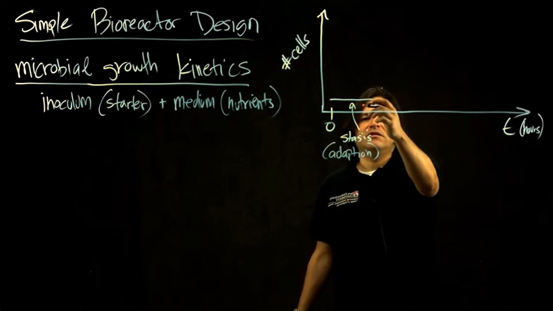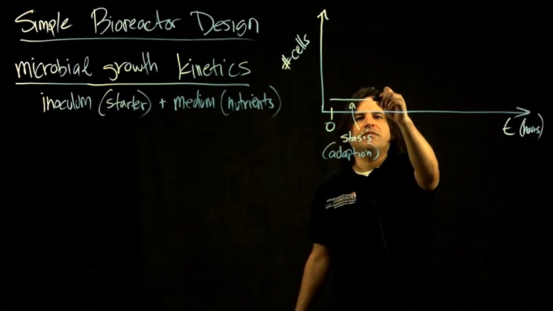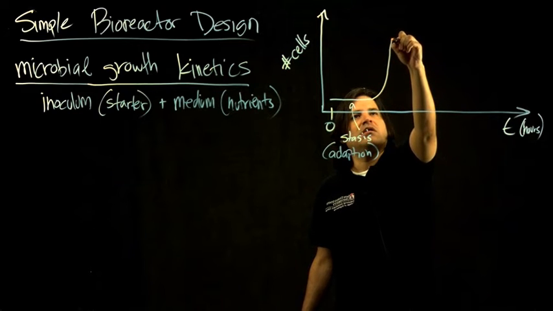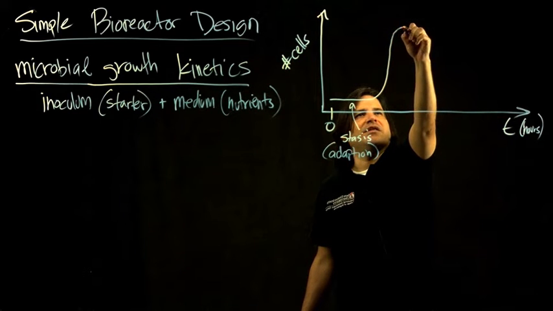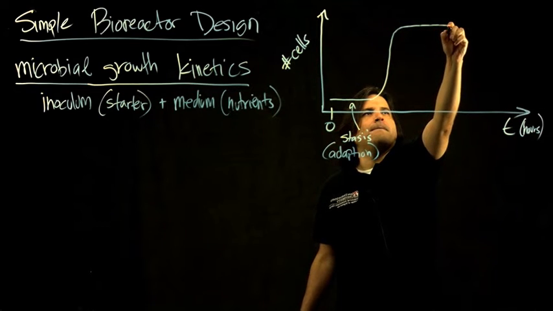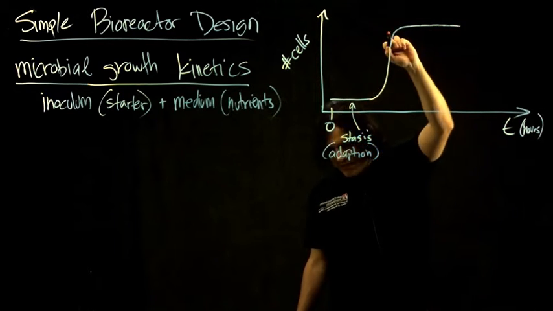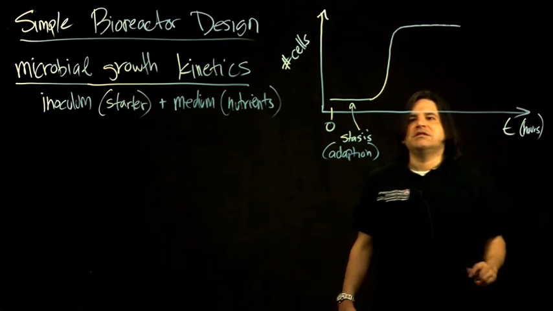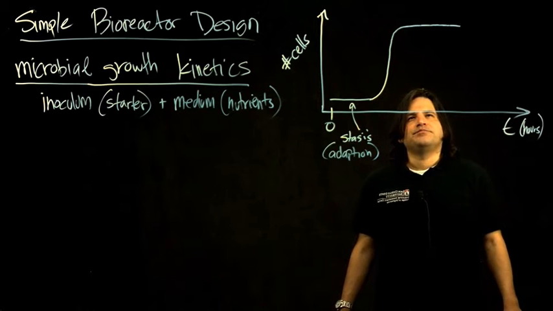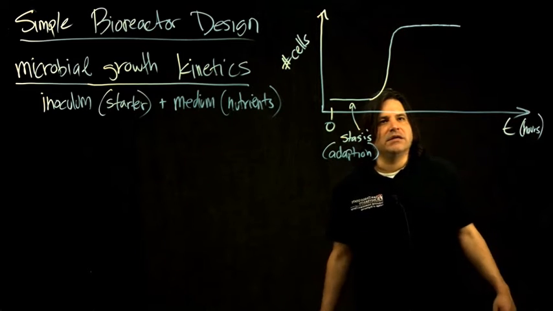They're happy, they're past stasis, and then they blow up into exponential growth. And then they slow down a little bit, and they reach some equilibrium, called a stationary period, or homeostasis in other settings, or steady state.